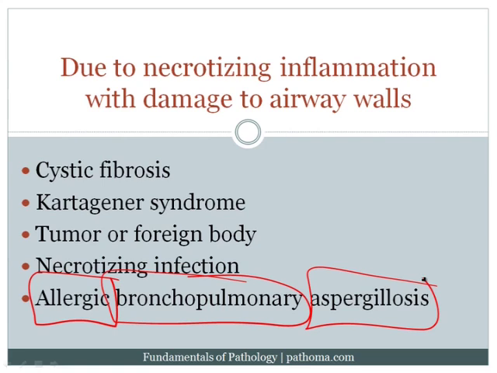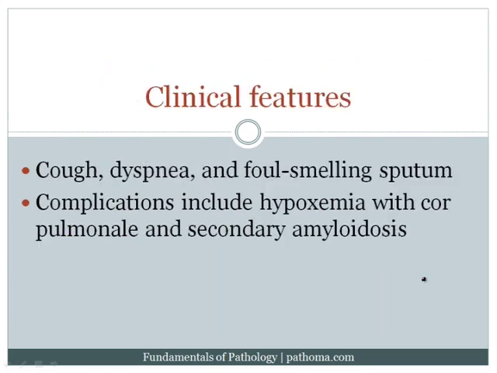And these patients become hypersensitive to Aspergillus. When the Aspergillus comes in from the outside environment, it elicits this reaction, which then damages the airways, resulting in a bronchiectasis due to the inflammatory damage to the airway. So that's ABPA, allergic bronchopulmonary aspergillosis.